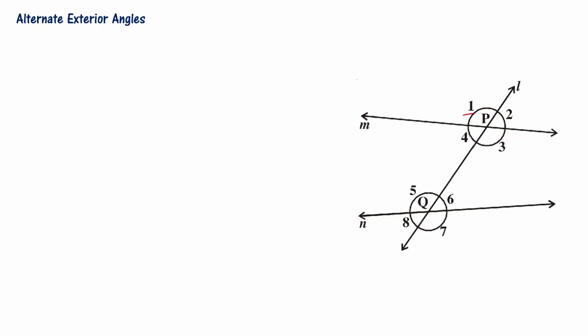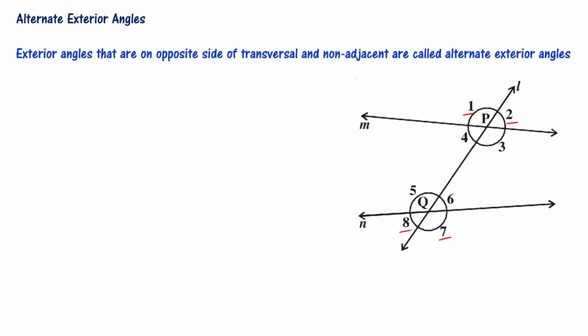Exterior angles అనగానే 1, 2, 7 and 8 అని తెలుసు మనకి. Alternate exterior angles definition ఏమని చెప్తుంది? These are the exterior angles but they are on opposite side of the transversal and non-adjacent. Okay?